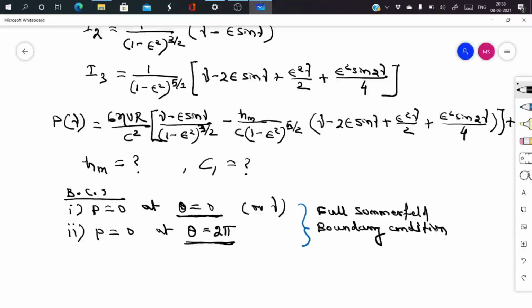So using these two boundary conditions, you will find C1 equal to 0, HM equal to 2c (1 minus epsilon square) divided by (2 plus epsilon square).